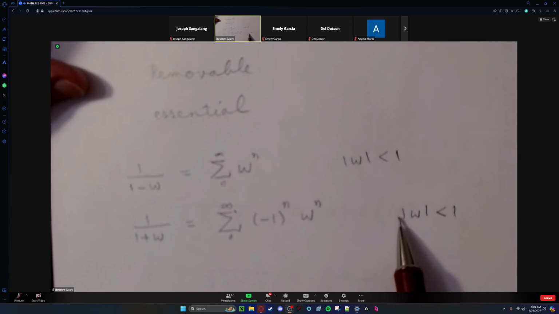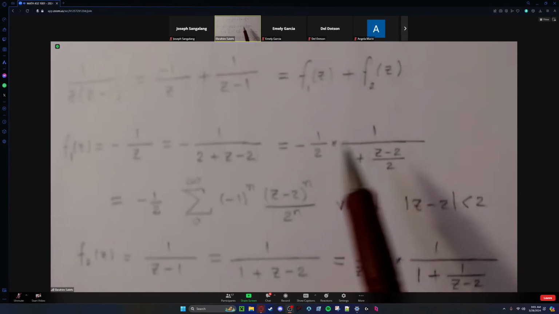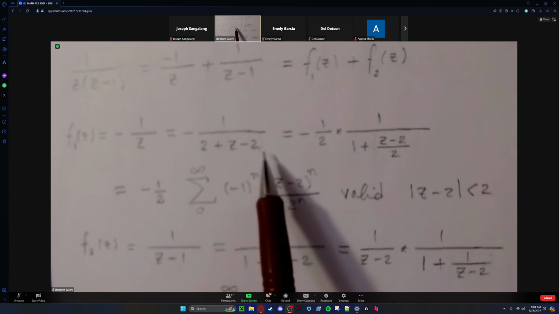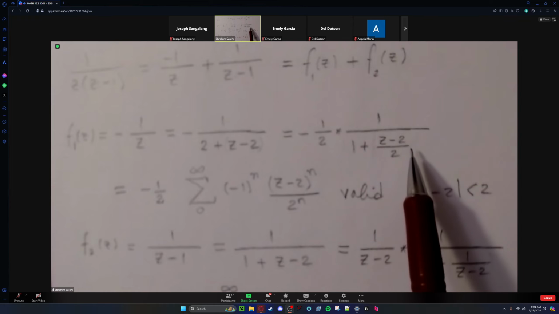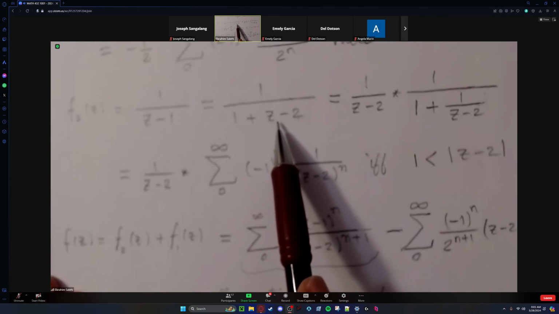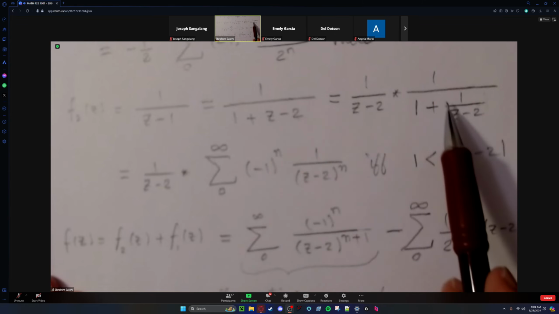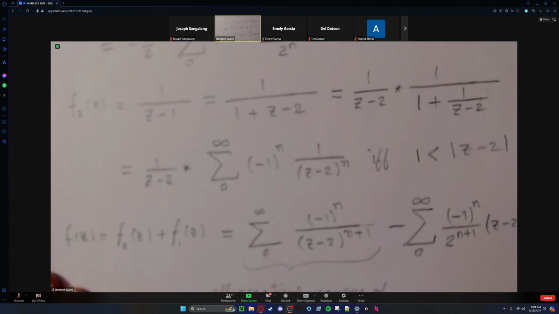okay? And that will tell you whether you can directly use z minus 2. In this case, it was less than 1, so I could. In this case, I could not. I had to take the reciprocal of this to make sure that the modulus of this is less than 1, and then use the geometric series.